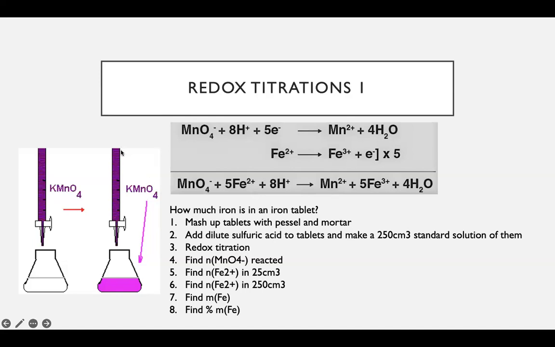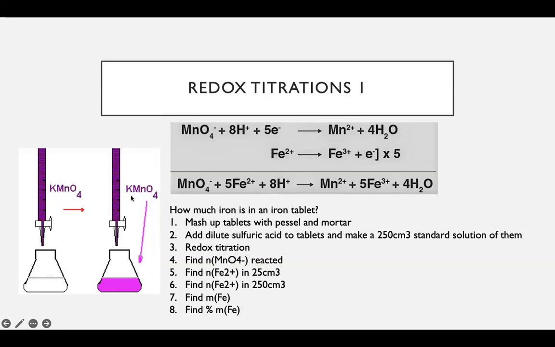So you're adding a known volume of a known concentration of potassium permanganate to a conical flask to exactly react with iron 2 plus. What we do then is use n equals cv to work out the amount of moles of manganate 7 permanganate that have reacted.